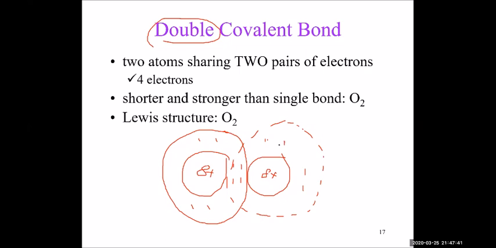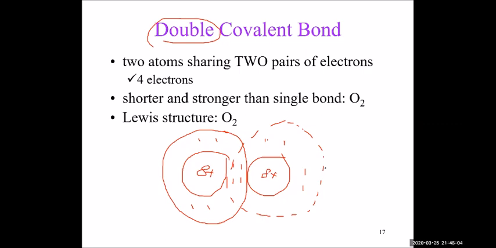Any more questions? Thank you. You're welcome. So you can see that between 2 atoms, they can share 2 pairs, and that makes a double bond. They can even share more. Between 2 atoms, they can share a maximum of 6 electrons, and that'll be next.